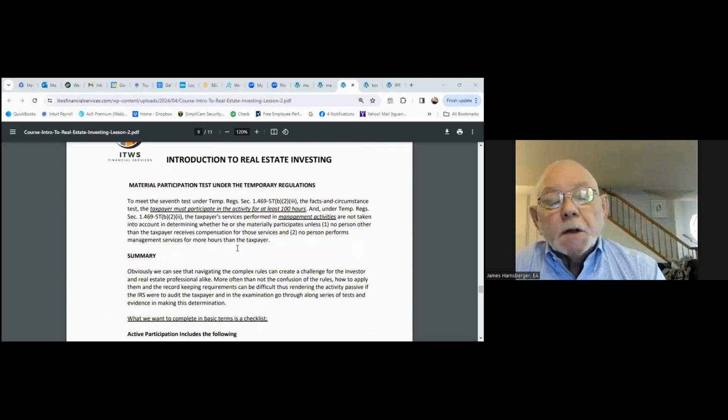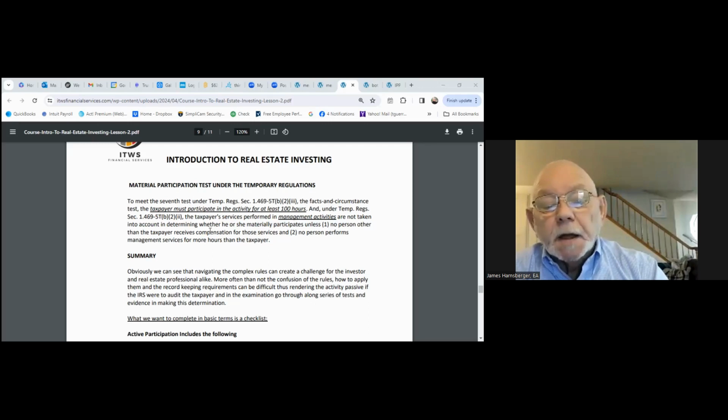Also, regarding the material participation tests under the temporary regulations, there's a little carve out regarding the seventh test. I think this came about as a result of one of the tax court cases. Basically, the short of it is the facts and circumstances test, where the taxpayer must participate in the activity for at least 100 hours.